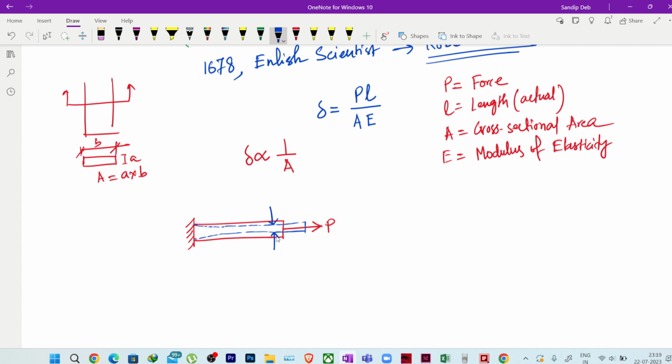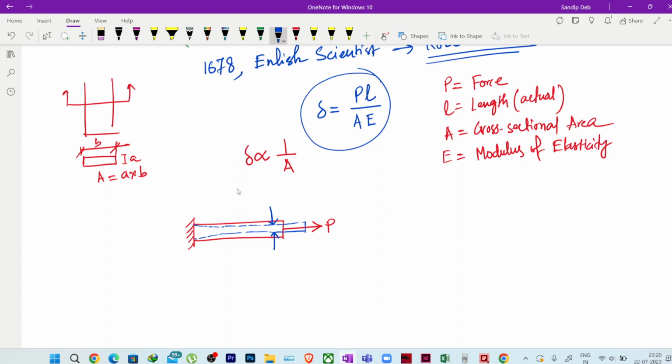You have seen, obviously, if you take a rubber band and try to elongate it, you will see the thickness that the rubber band had in the initial condition is reducing in between when you are stretching it. Correct? So this is what Hooke also observed, and he has given this overall linear equation for this particular condition.